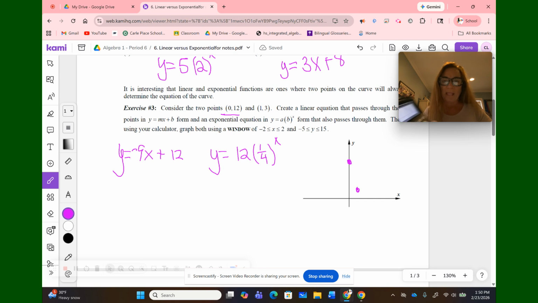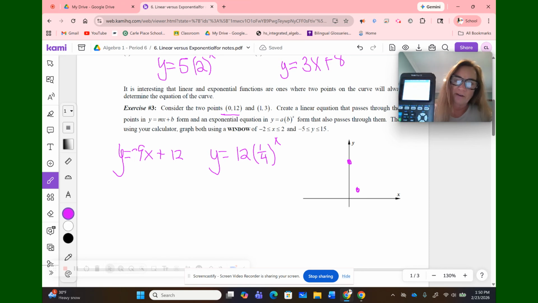Okay. All right, now I'm going to type the exponential. So y equals 12 parentheses 1/4. And you could always type 1 divided by 4. It's the same thing. Raised to the power of x. And then graph. So that's coming in red. I don't know if you can see the colors, but can you see that?